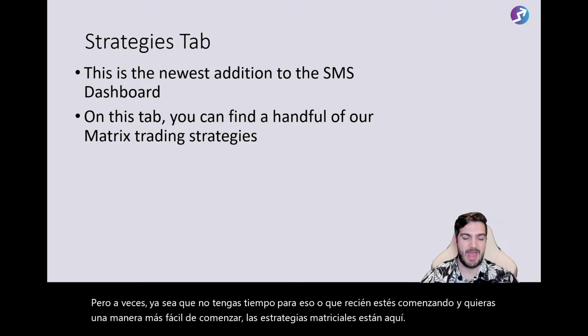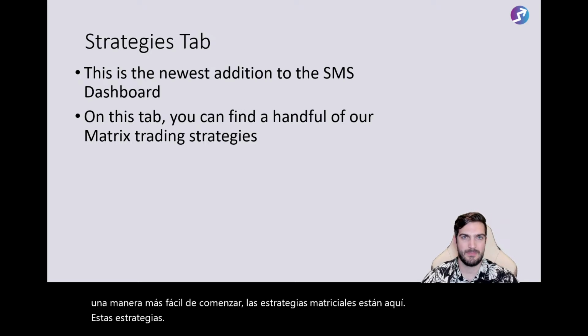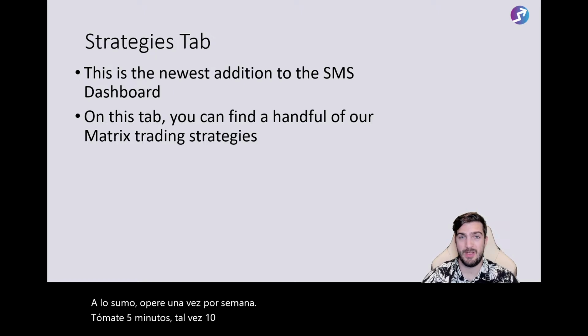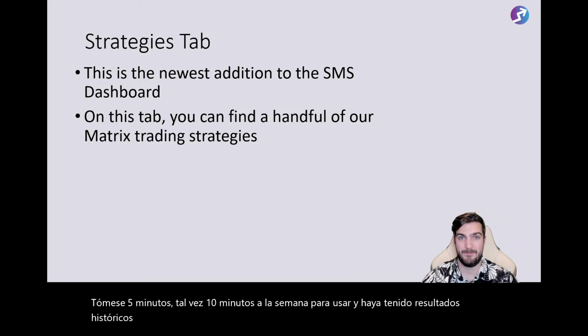These strategies, at most, trade once per week, take 5 minutes, maybe 10 minutes a week to use, and have had historical results comparable or better than the S&P 500.